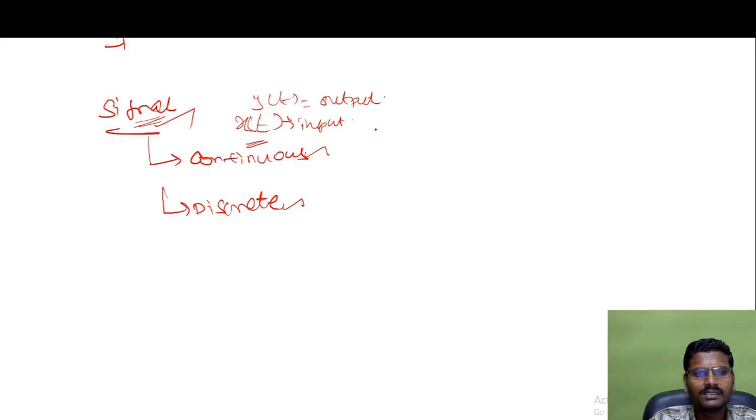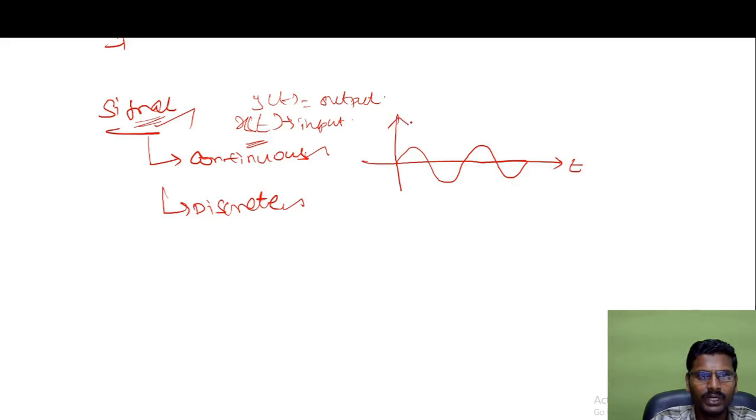The continuous signal will be in the form of, let us assume, a sinusoidal signal, for example, to denote a continuous signal. Either V or I is on the y axis, and on the x axis we have taken time as reference.